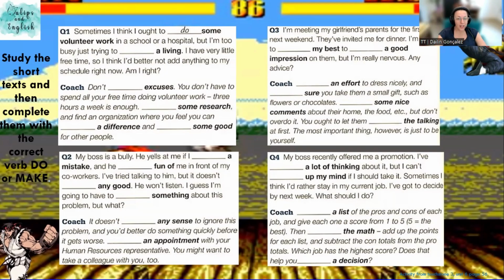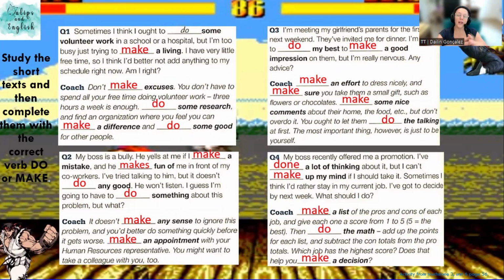Now that you have already checked your answers, I'll just place them here so you can be sure of the correct ones. Hope you got all of them right.